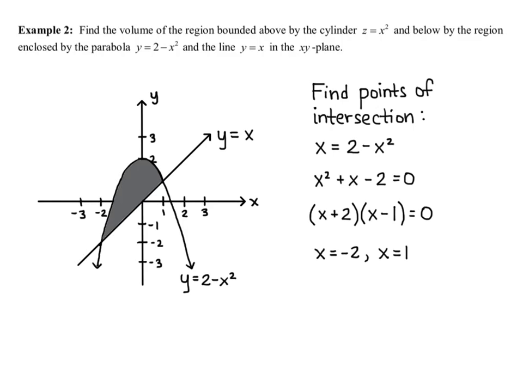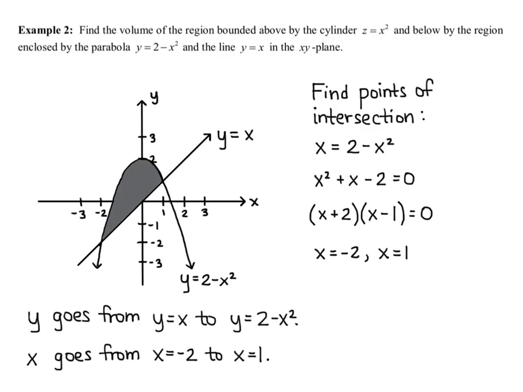Y goes from lower bound y equals x to upper bound y equals 2 minus x squared, and x goes from x equals -2 to x equals 1.